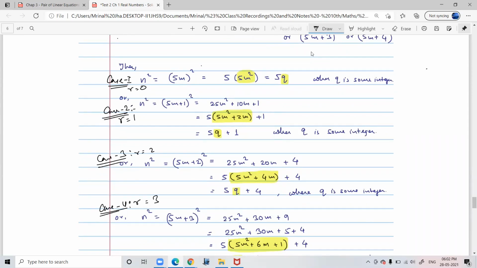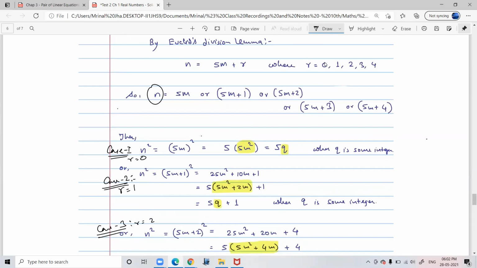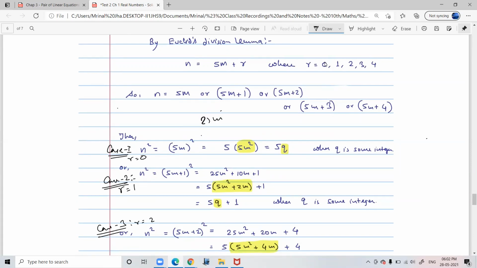Let's start with the first case. When n is written as 5m, n square can be written as what? n square will be 5m whole square, which can be written as 25m square. Normally this is what you will write. But this is not what I want. I want it in the form of 5q plus something or 5q minus something.